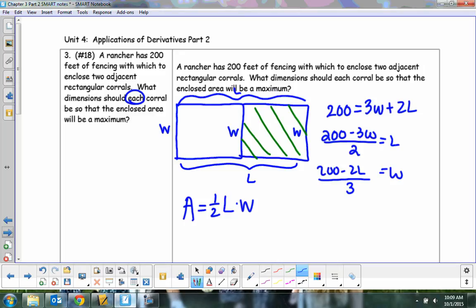Pick one, plug it in. I'm going to use the solving for the L so that my 1/2 and my 2 will cancel.